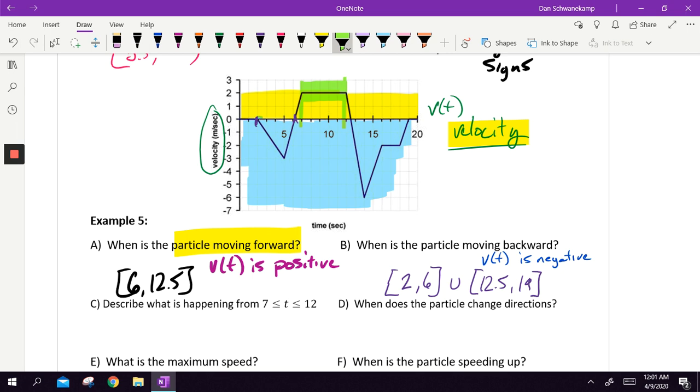What is true about this? This is a graph of velocity. Velocity is constant. So think about what's happening in your car. If you're in your car and your velocity is constant, you continue to go the same speed.